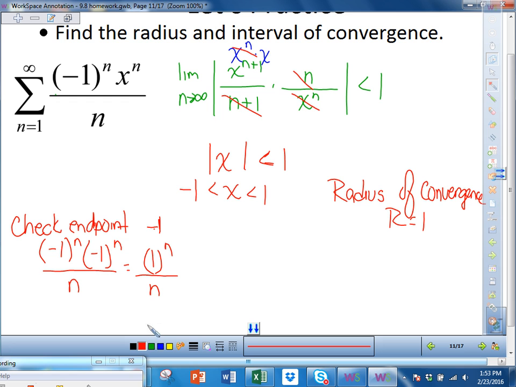Will this converge or diverge? Diverge or converge? Why does it diverge, Noah?